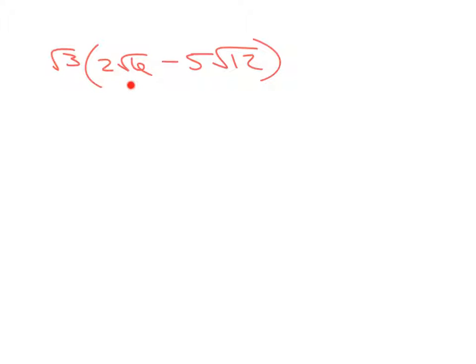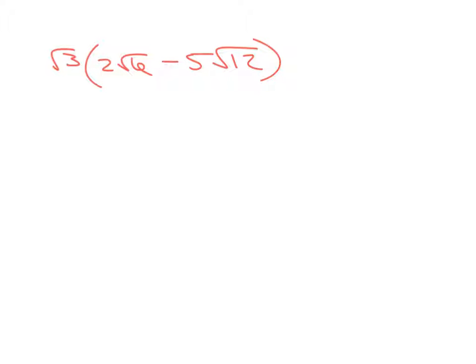That can't be reduced, that can't be reduced, but that can be. That could be reduced to 2 square root of 3. And then you've got the 5, so that's 10 square root of 3 if you were to reduce that. But let's do it without reducing, just to see what kind of difference there is.